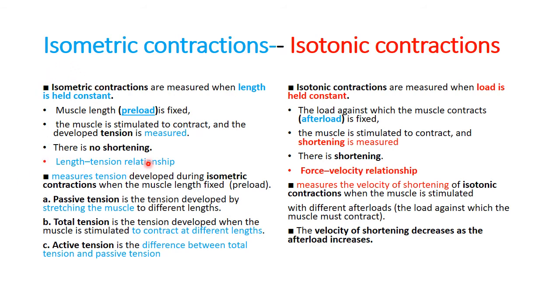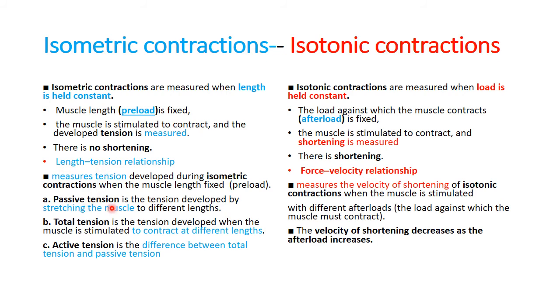Now this is an example of isometric contraction that shows a very good relationship between the length and tension: the initial length and the tension developed. So at various lengths we measure three tensions: passive tension, total tension and active tension. We find out the relationship between the length and tension.